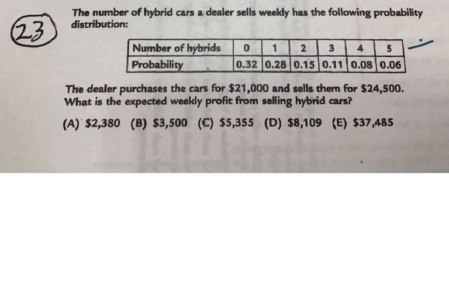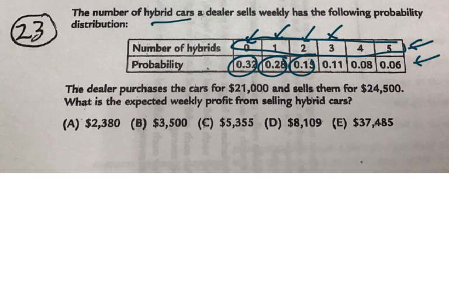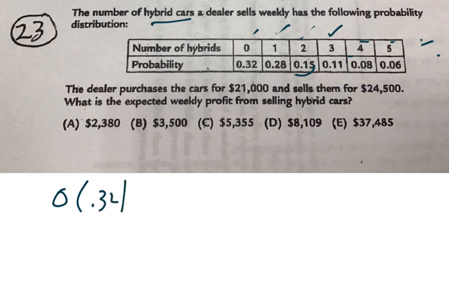If they give you a table like this, these are what we call the probabilities or frequencies for each of these data pieces, right? These numbers, 0, 1, 2, 3, 4, 5, is how many cars they're selling in a given week, these hybrid cars, right? So here's the logic. Zero cars are sold 32% of the time.